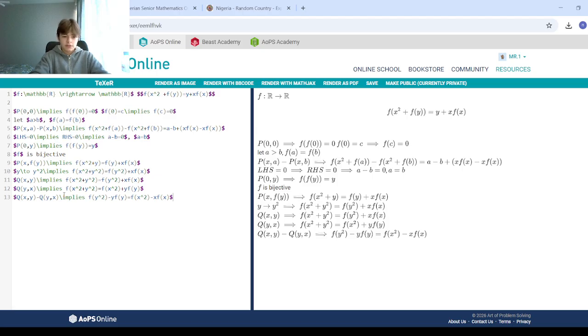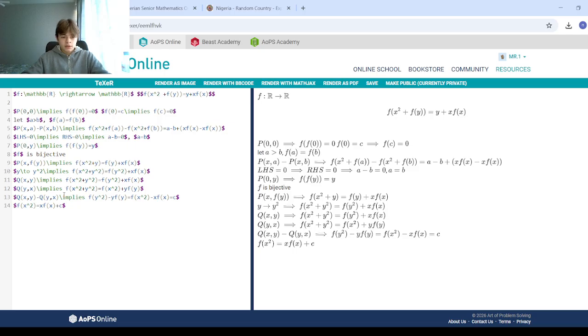So this means that this difference should be constant, because it's true for every x and y. So we have f(x)² = x·f(x) + c.